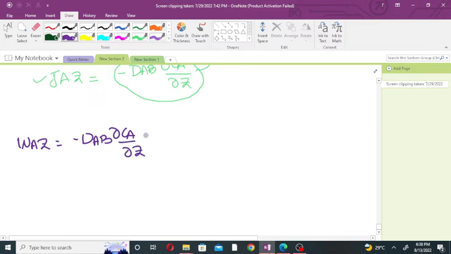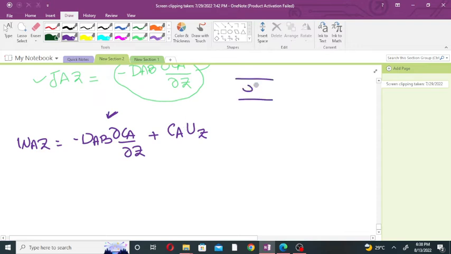This is the flux due to concentration gradient, and this is the flux due to flow, the convective flow, which will be Ca and uz. u is the overall velocity of component A and component B in the system.